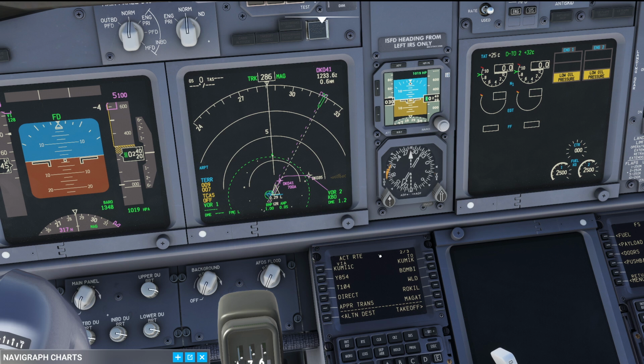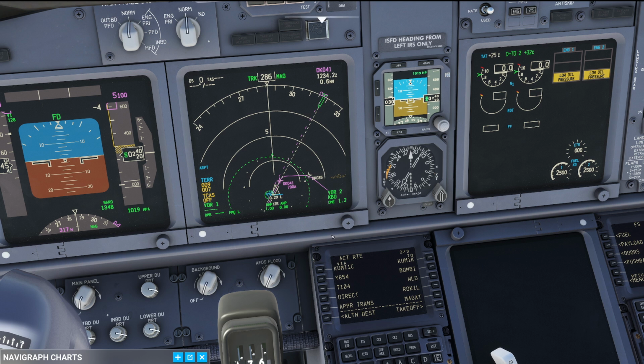Climb via SID 5,000 feet. Depending on the country you are in, this climb via SID or the initial climb at all may not be part of the IFR clearance. In most countries they are going to say something like climb altitude 5,000 feet or climb flight level 70 or whatever. But in some countries, for example in the UK, they may just give you a SID and a squawk and nothing else. So in that case, have a careful look at your SID chart to confirm the initial climb that you are cleared to.